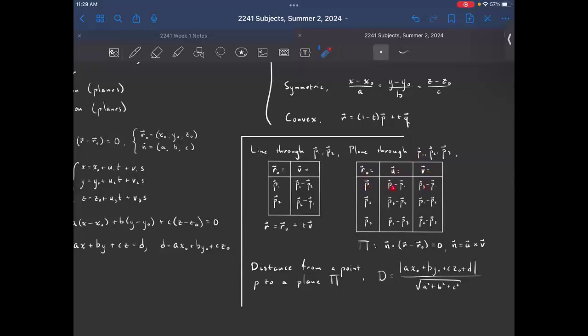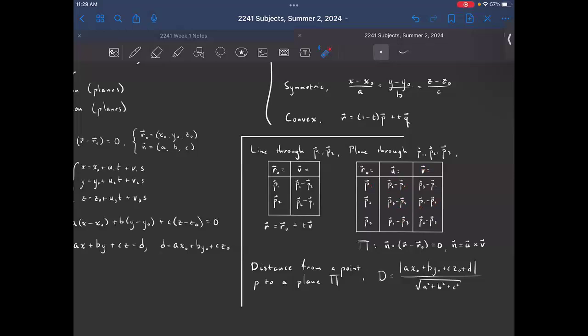For example, if you pick P2 for r0, then you can pick P3 minus P2 for u and P1 minus P2 for v. Notice that the starting point is always subtracted off for the vector here.